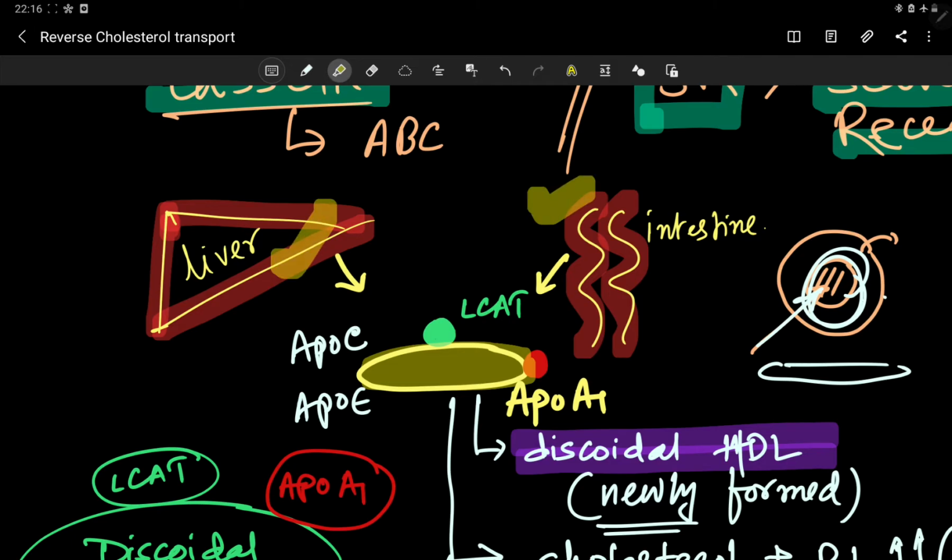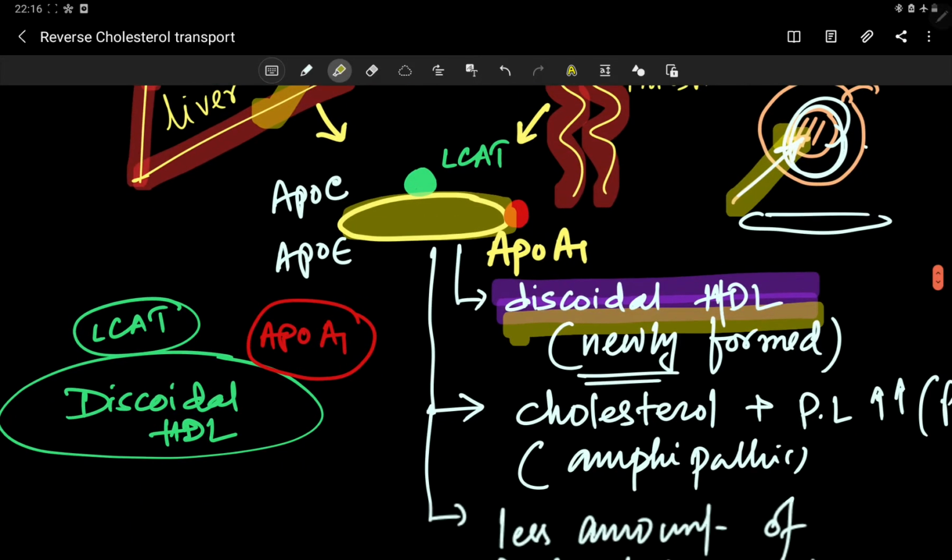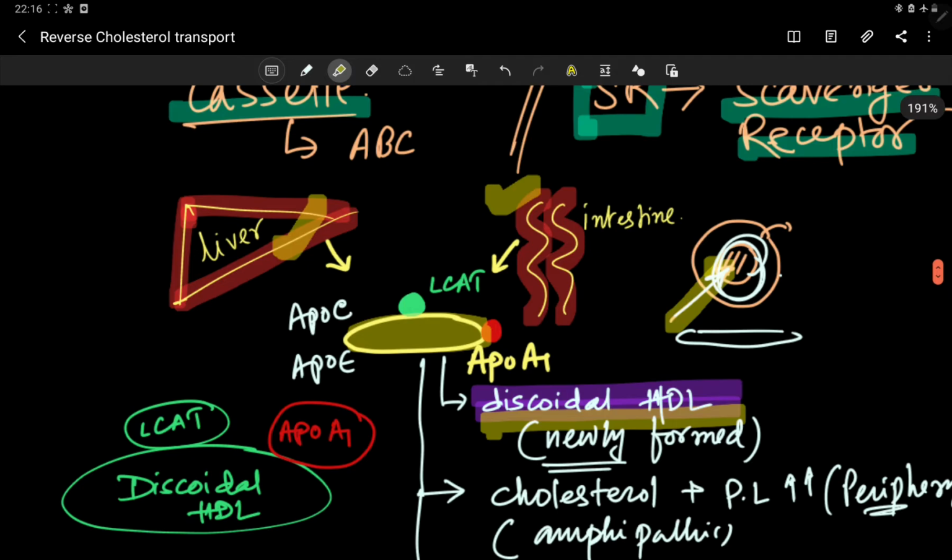This newly formed HDL, I told, is discoidal. Why? Because its core is empty, or very little hydrophobic substance is present in the core.